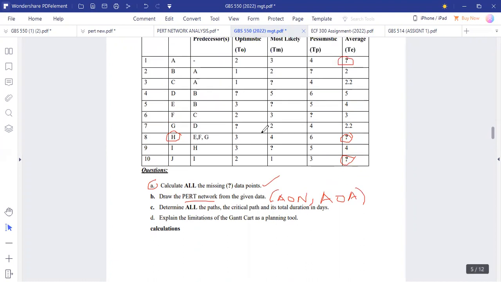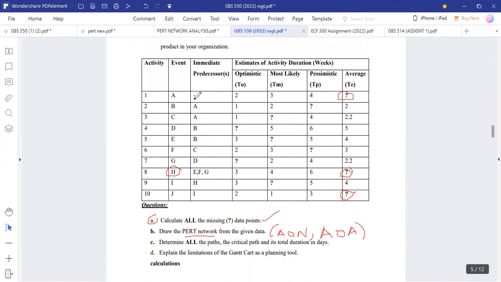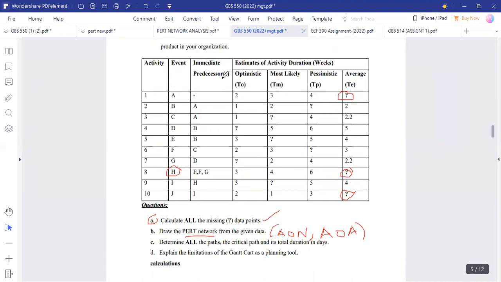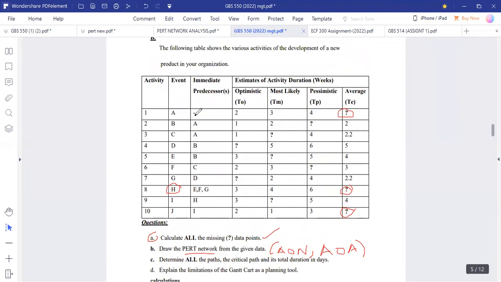Now, we can come to this precedence information here. What we're trying to say is that activity A is a starting activity, meaning that there's no other activity that can take place before activity A starts.